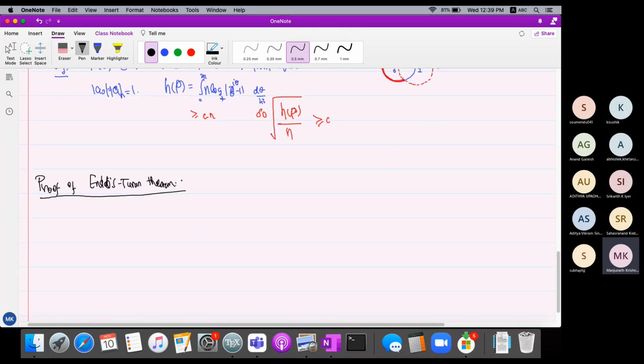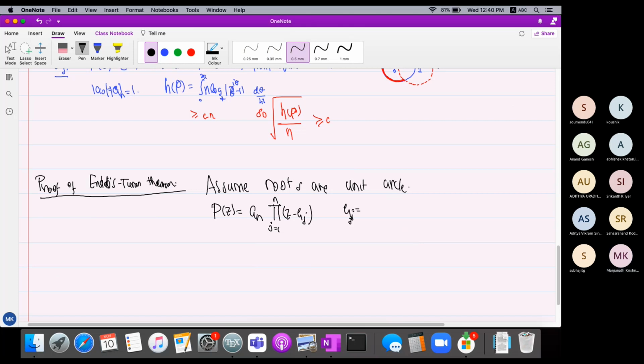Okay, so now let's do the first case, which is always the way it is done. Case 1: assume roots are on the unit circle. So our P of z is actually a_n times the product of z minus zeta_j, where zeta_j is on the unit circle.